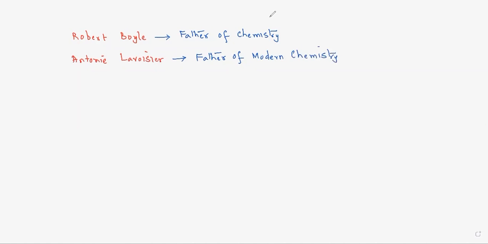And then there is somebody from India, Prafulla Chandra Ray. He is considered to be the father of Indian chemistry. So these are, of course, not at all related to IIT or NEET. But being a chemistry student, you must have the knowledge of all these things, isn't it? Just a minute.